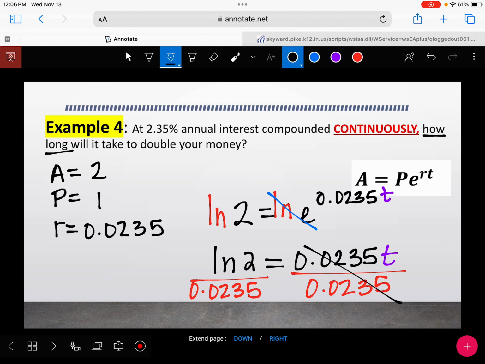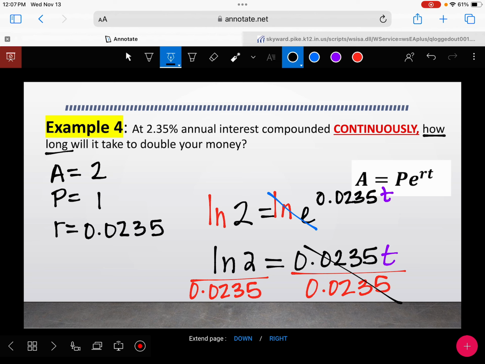So go ahead and type that in the calculator. Take the natural log of 2 divided by 0.0235. Just make sure when you take your test next Wednesday that you look at the rounding position, because it's going to vary. It could say rounded to the tenths place. It could say rounded to the thousandths place. For this one, I rounded it to the tenths place.